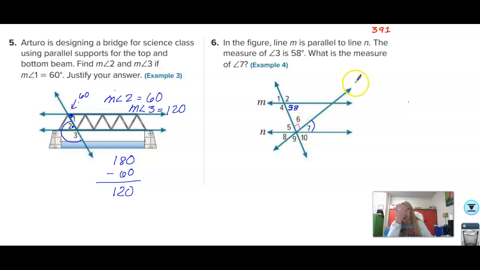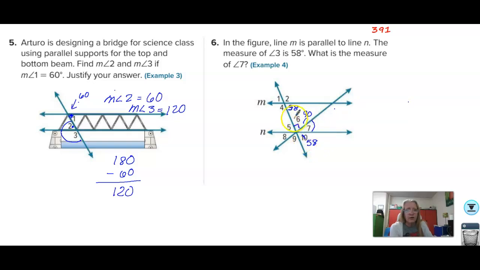Well, this is interesting. There are several ways to solve this problem, but here's what I'm thinking. Angle 3 is corresponding with angle 10. See how it's bottom left-hand corner, bottom left-hand corner. So this one would also be 58 degrees. This one has the little 90 symbol, so we know 6 is 90 degrees, and we know this is 58.